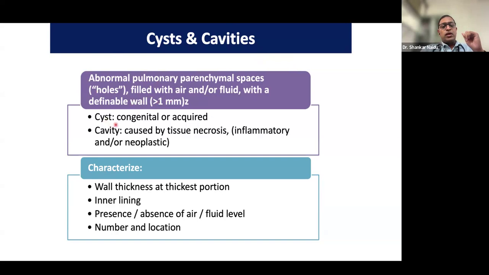Cysts can be either congenital or acquired because of various infections, and cavities are usually caused by tissue necrosis, and are usually sequelae to infection or some inflammatory conditions or maybe malignancies. Once there is presence of cavities, we should always note the wall thickness, the inner margins of the wall, presence or absence of air fluid level within the cavity, and also the number and location of these cavities, which will give us some idea about the underlying etiology.